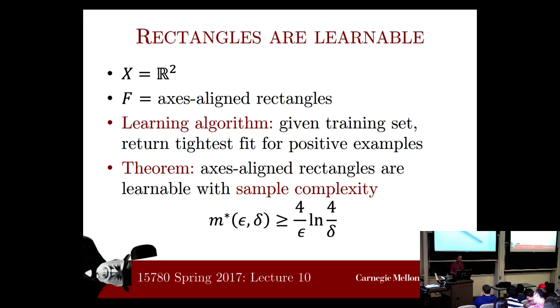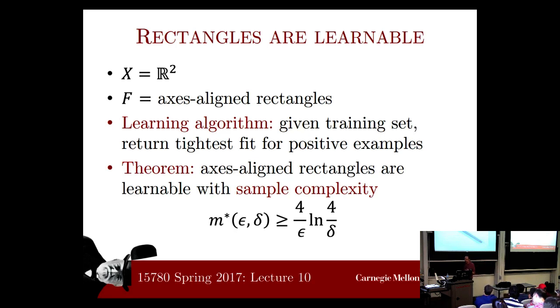Our function class is these axis-aligned rectangles. And here's our learning algorithm L. We get a bunch of examples, and what we return is the rectangle that gives us the tightest fit around the positive examples. So it's going to exactly touch the positive examples at the boundary. It's going to be defined by these positive examples.